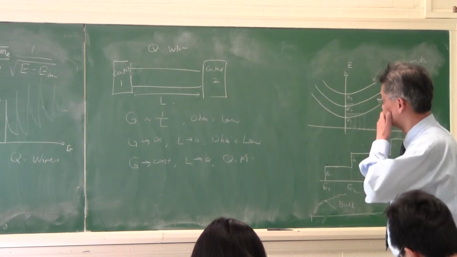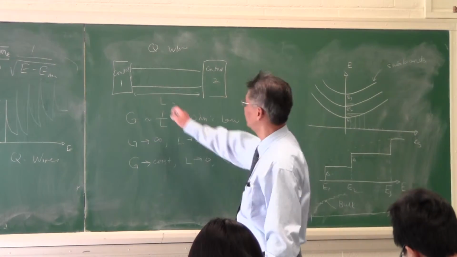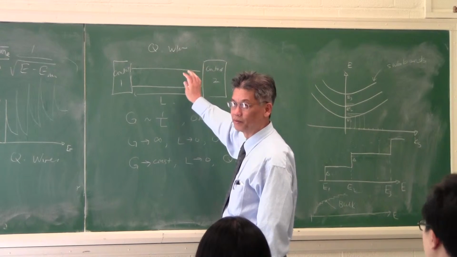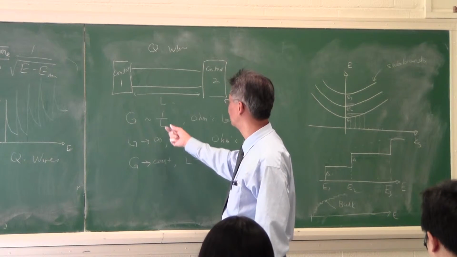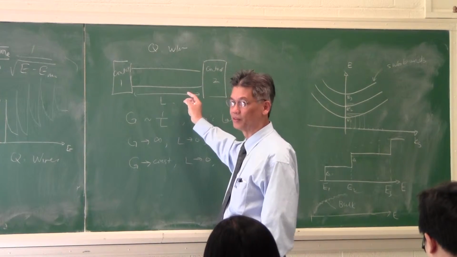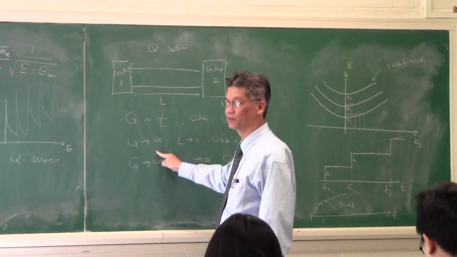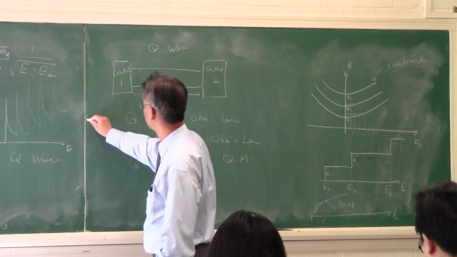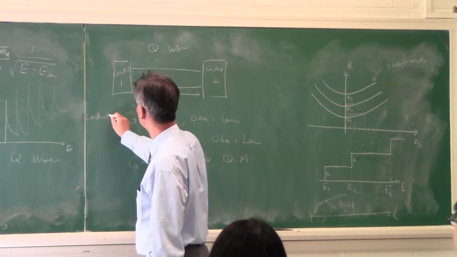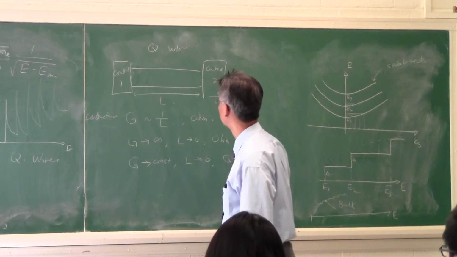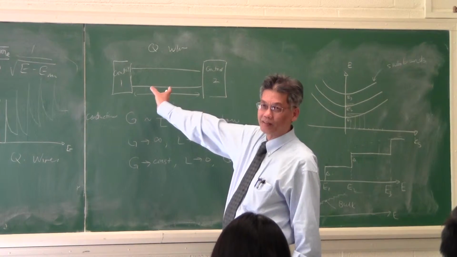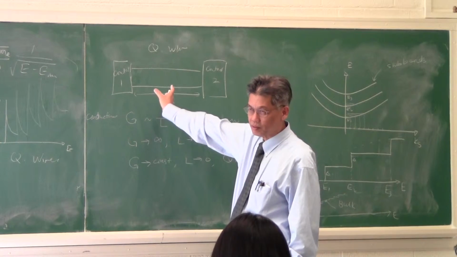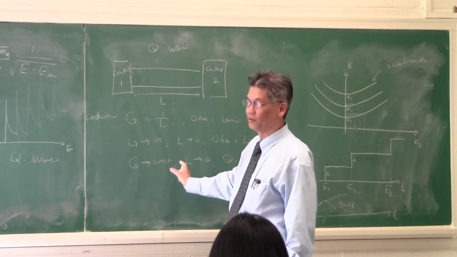The reason is because in Ohm's law they are collision limited transport. The shorter the length you make it, the less collision there will be. Eventually the conductance goes up. This is the conductance. But in quantum mechanics, it turns out that if you make the length smaller and smaller, the conductance doesn't go up indefinitely.